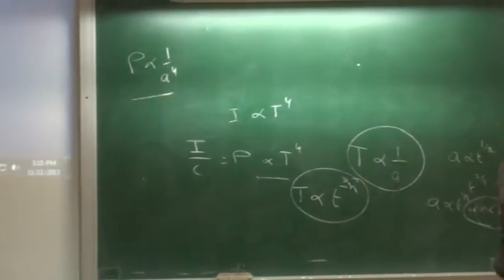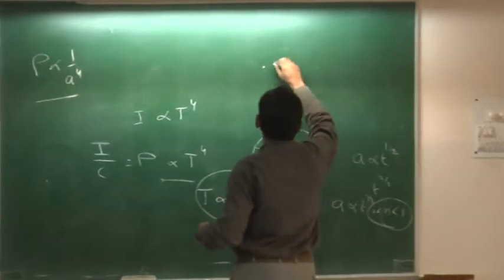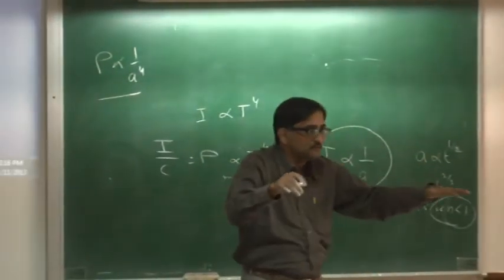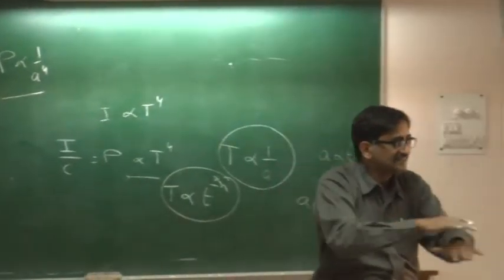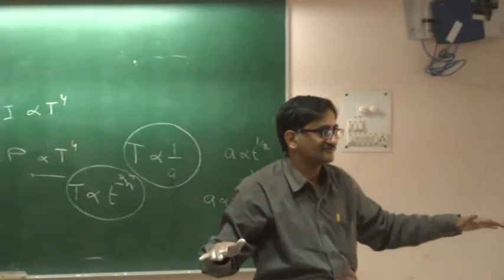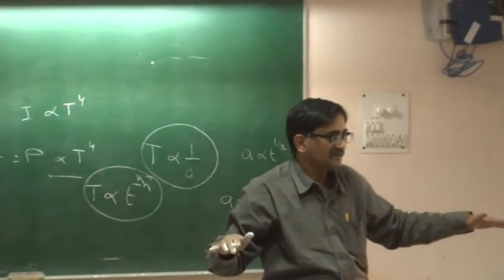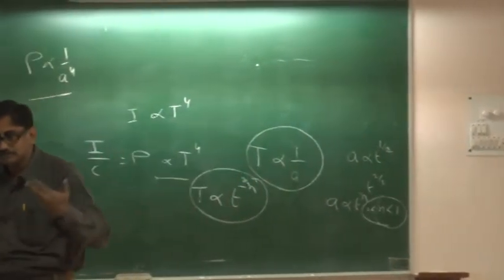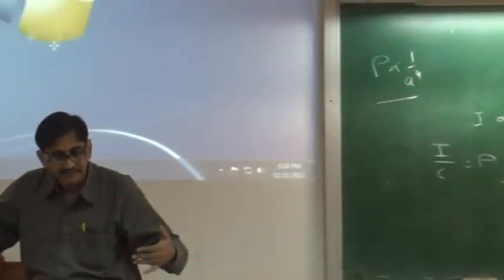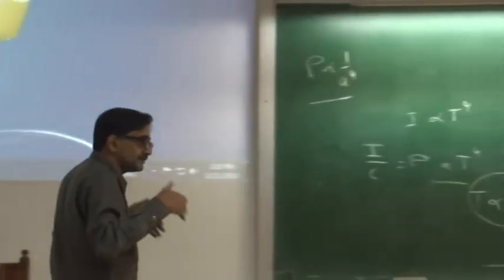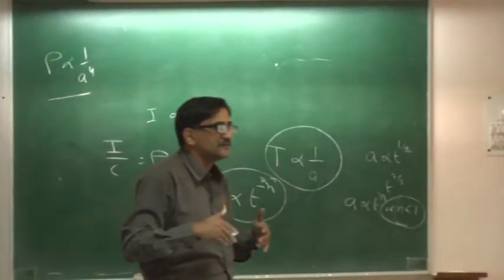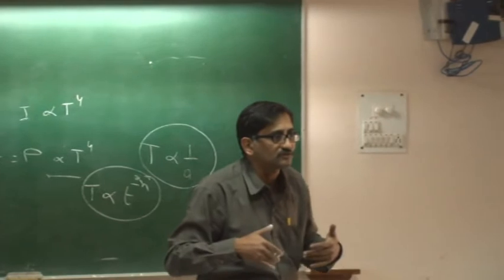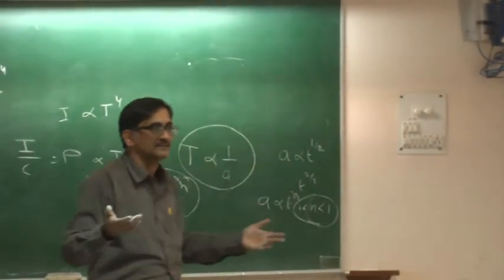If you have a pattern and that gets smudged, you basically have mixing, which means that the information is being lost. So when these photons are traveling through the universe during the time when the universe was ionized, any information carried by this photon gets smudged because of this scattering.